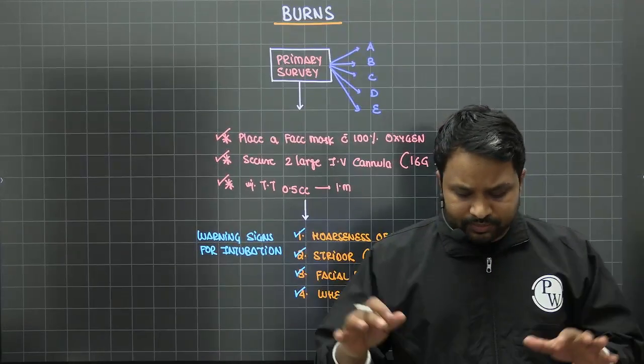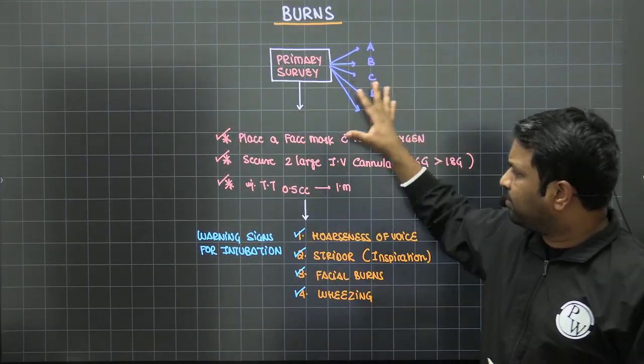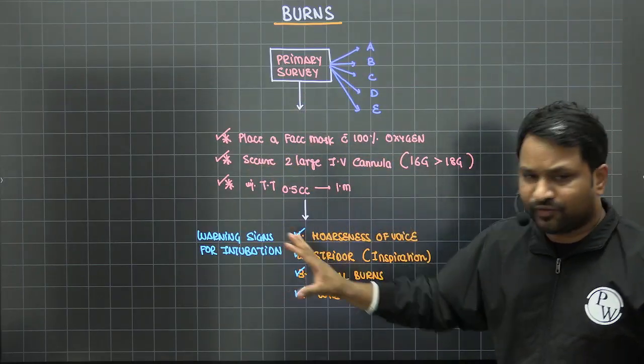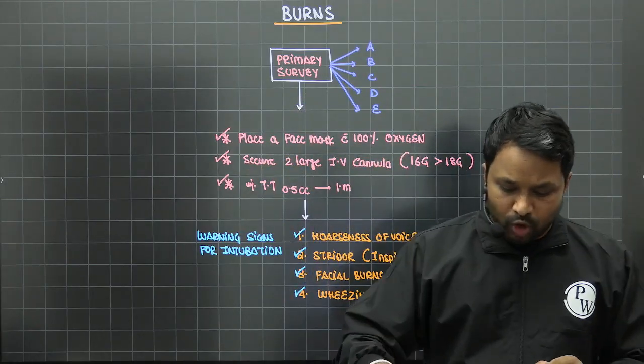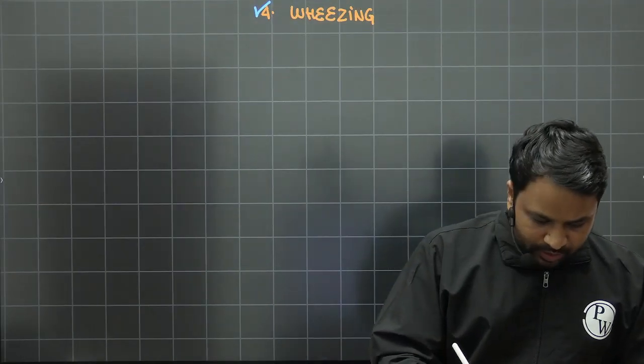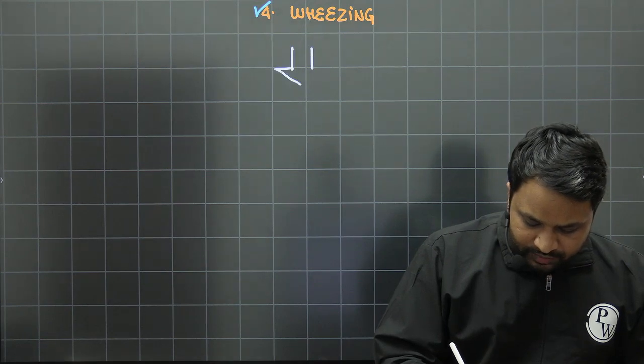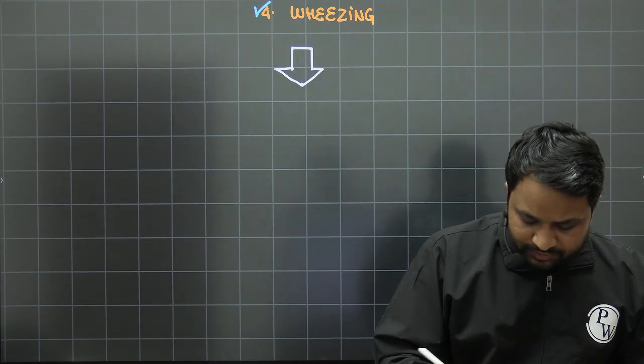Now, all this comes under the component of the primary survey only. While you're doing the primary survey, you're looking for this as well. Once you have gone past the phase of the primary survey, our secondary survey begins, to look for all potentially life-threatening injuries.